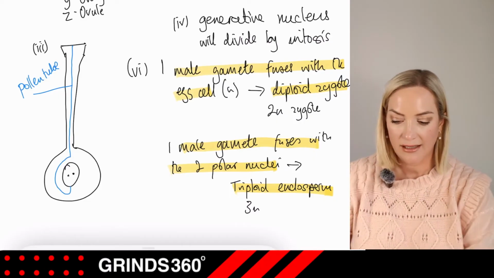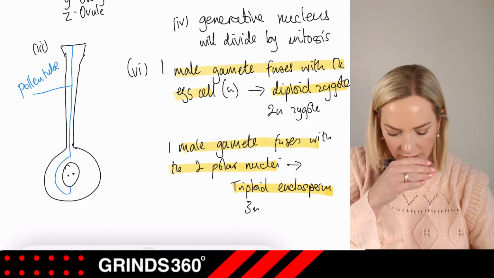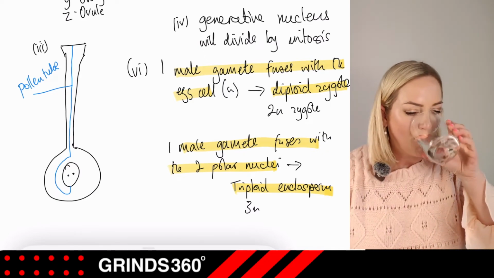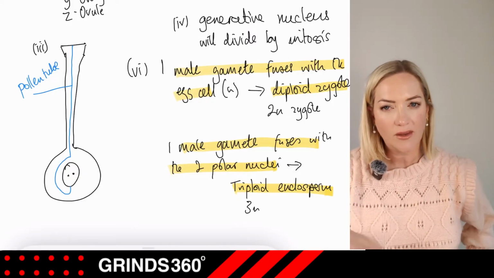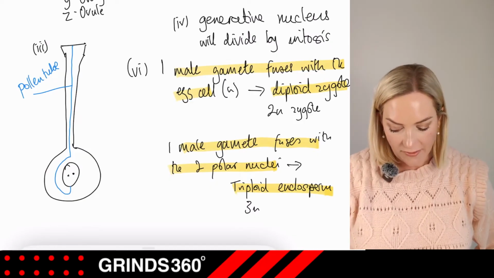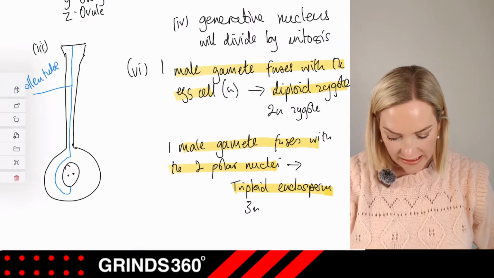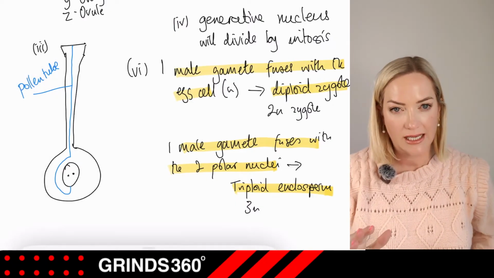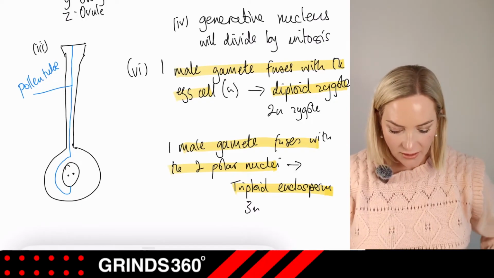So we've looked at male gamete formation and answered questions. We looked at female gamete formation. We've looked at fertilization. What can they ask us about fertilization? Which we've answered here, and then they can ask explain double fertilization.